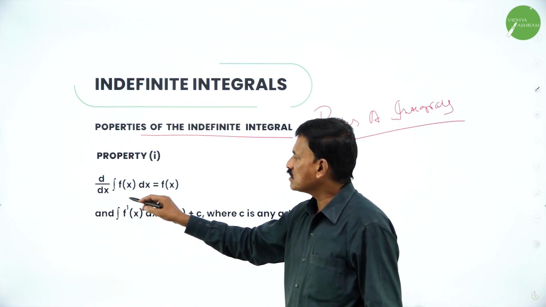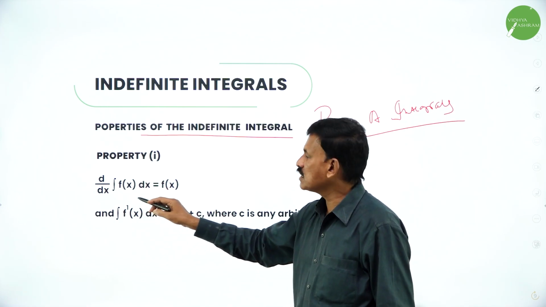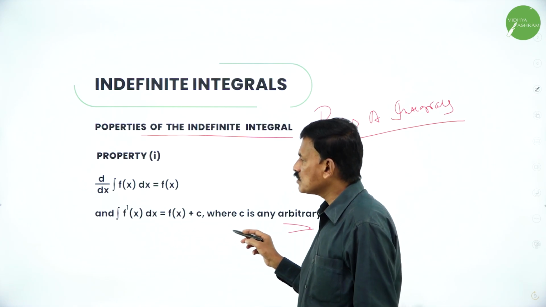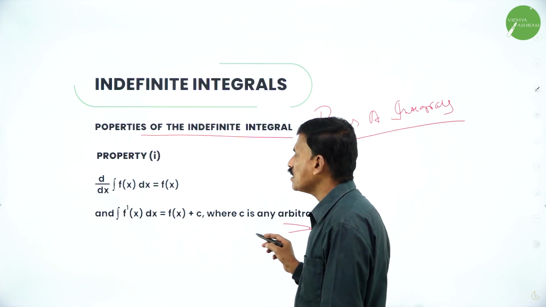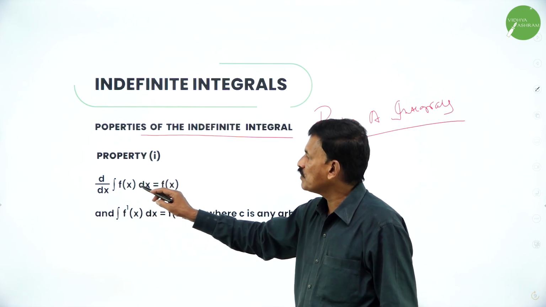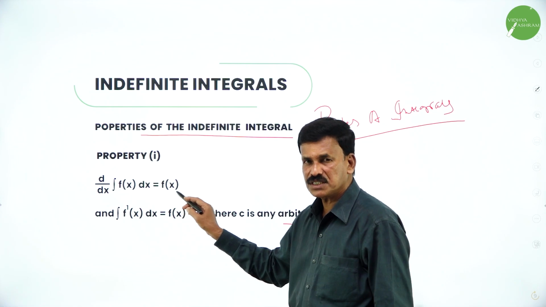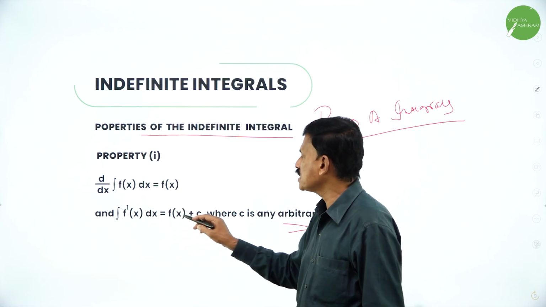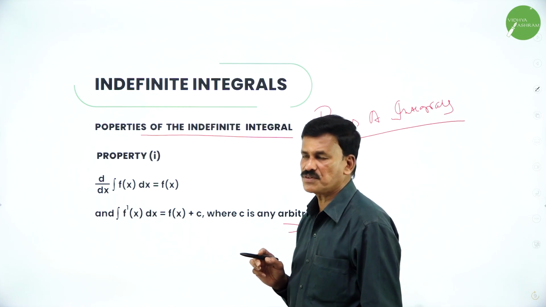So d by dx of integral of f of x is equal to the given function f of x itself, and integration of the differentiated function f dash x is also equal to f of x. This is the first rule.